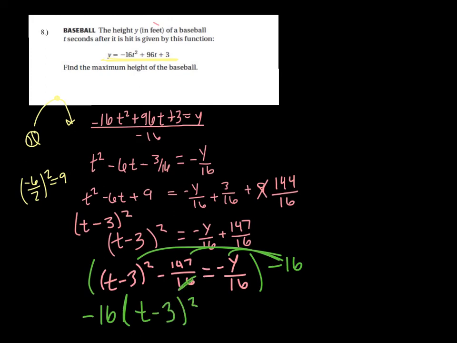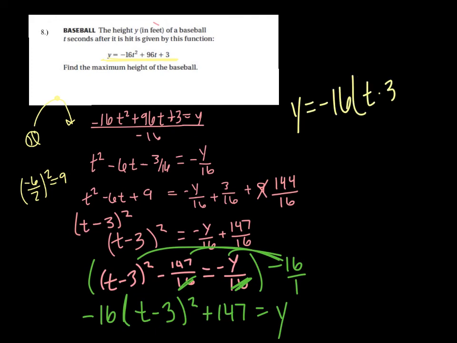And then the 16 cancels, and you can put it over 1 if it makes more sense to you guys that way. But those 16s are going to cancel, and a negative times a negative is a positive, so 147. And here they're going to cancel as well. Negative times a negative is positive y. So we now have our equation, which is y equals negative 16 times t minus 3 squared plus 147.